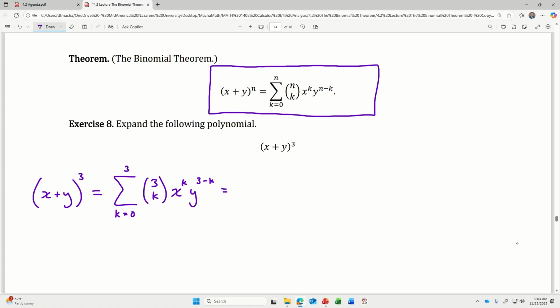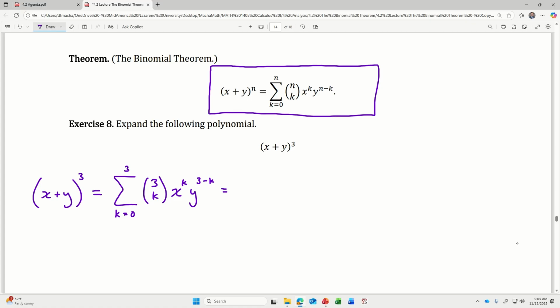So this sum is going to have 4 terms. There's going to be a term where k equals 1, a term where k equals 2, a term where k equals 3, and a term where k equals 0. So that makes 4 terms. I should have started counting with 0: a term where k equals 0, and then a term where k equals 1, 2, and 3.